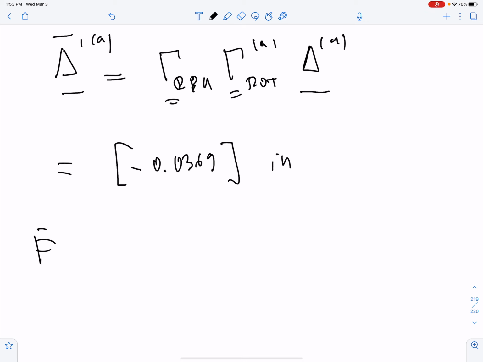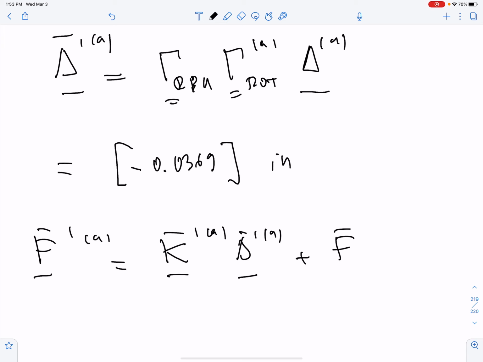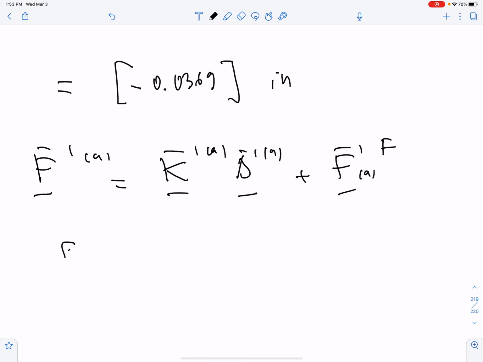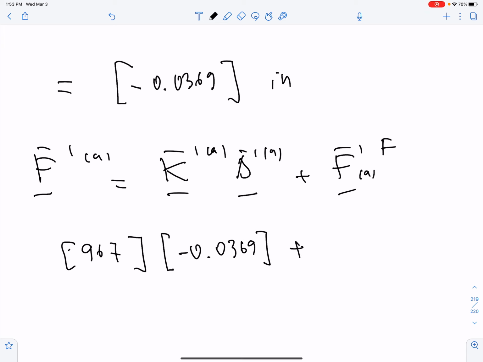So what are the forces that are developed in that element? Well, it comes from two sources. It comes from the shortening first, kappa A times delta prime A, and then from the application of the temperature load, F prime F for that element. Here we get 967, that was the basic stiffness, times what we just computed, minus 0.0369, and to this we add 45.24.